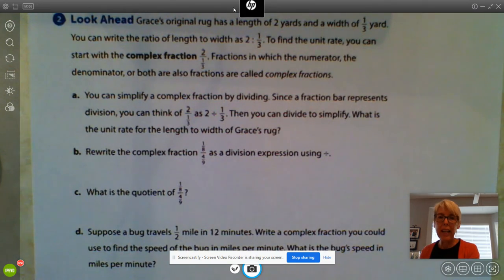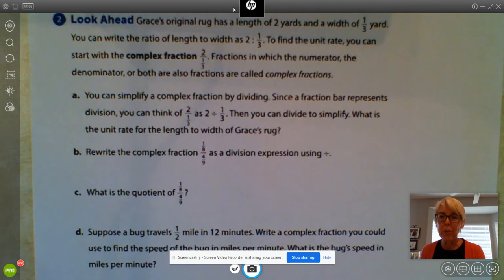Grace's original rug has a length of 2 yards and a width of 1/3 yard. We know that. That's what we've been talking about. You can write the ratio of length to width as 2 to 1/3. To find the unit rate, you can start the complex fraction 2 over 1/3.